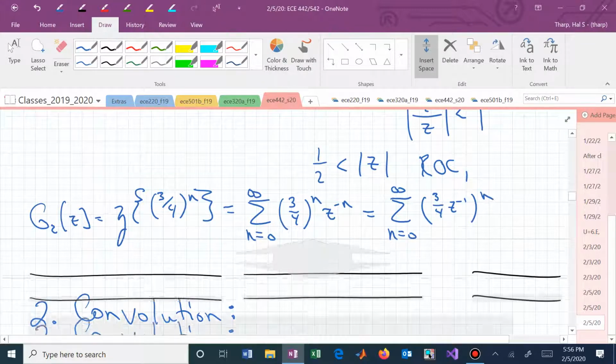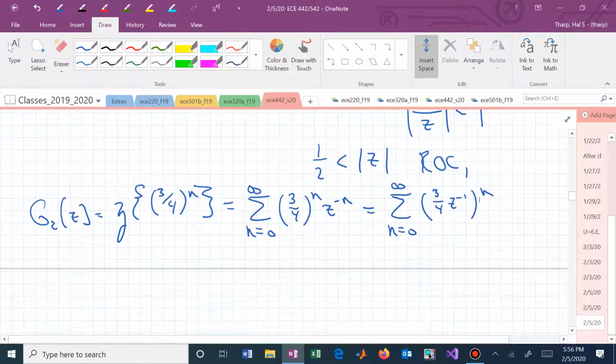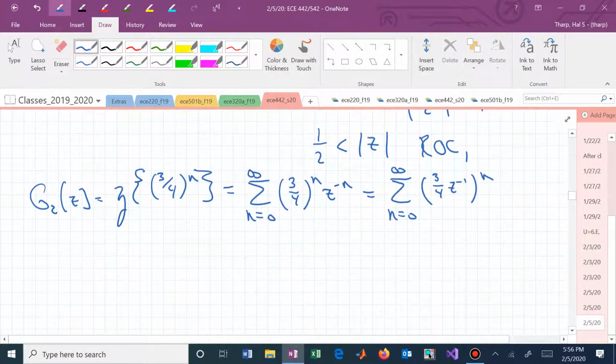Obviously I didn't leave myself enough room. I can cut and paste. Sorry. What's the common ratio?